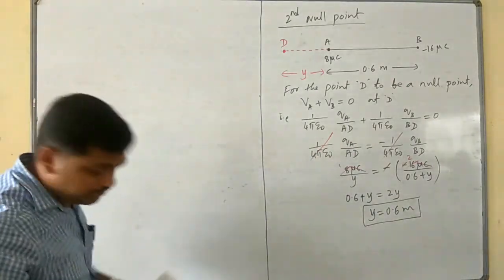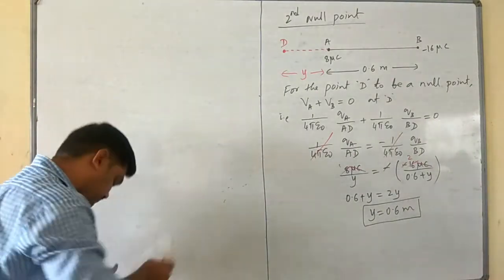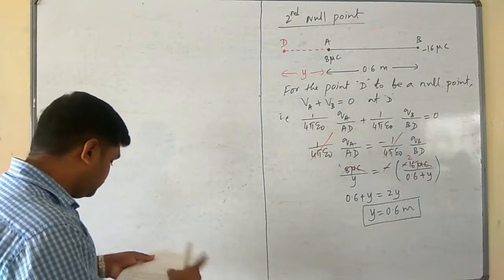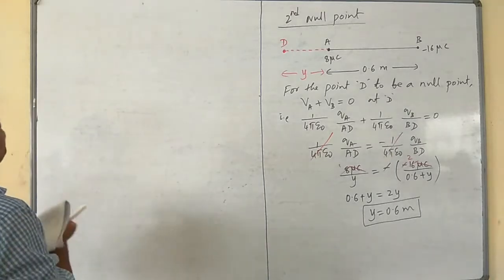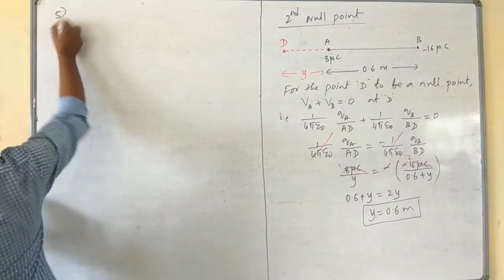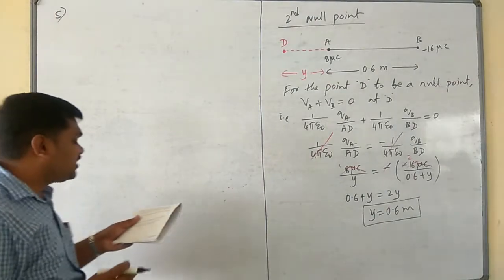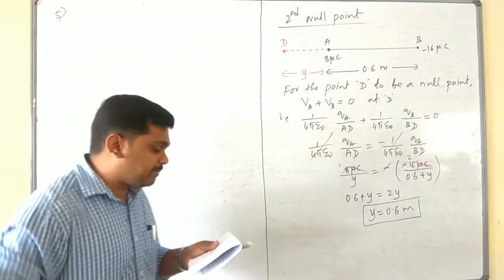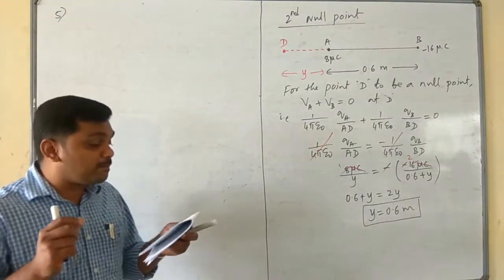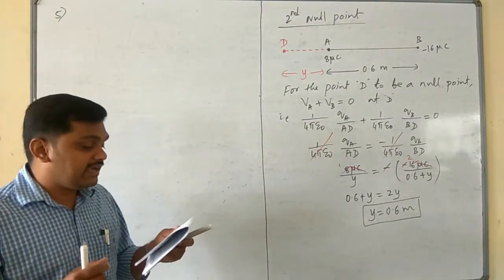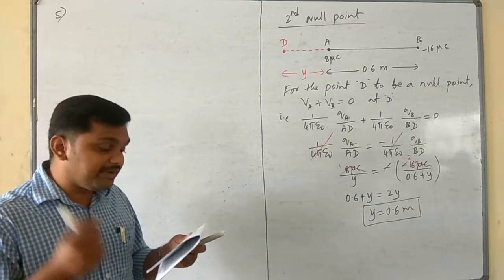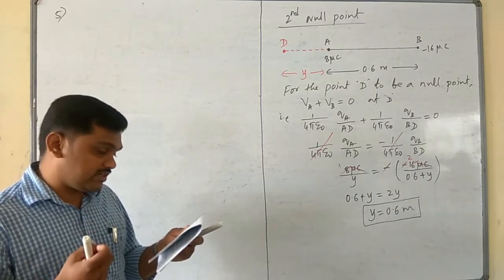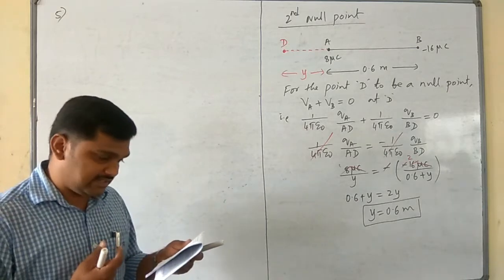Next, the fifth one. A charged oil drop remains stationary when situated between two parallel metal plates separated by 0.05 meter and a potential difference of 200 volt is applied between the plates.